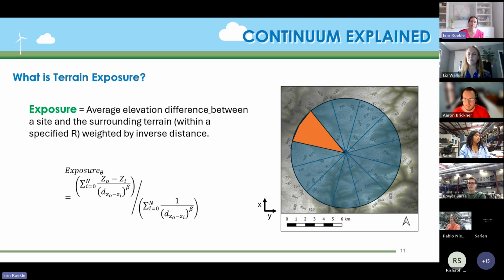So when we're looking at terrain exposure, specifically with the continuum model, remember, we're looking at it in sector-wise portions. So we're looking either at the northern sector or the southern sector. We're taking little pie wedges and seeing, what is the average elevation difference between my site of interest at the middle of my pie and the elevation within that specific wedge?